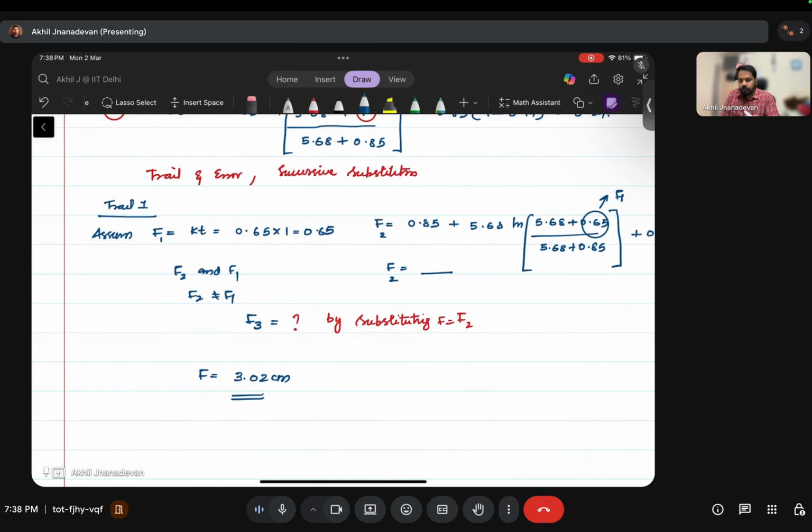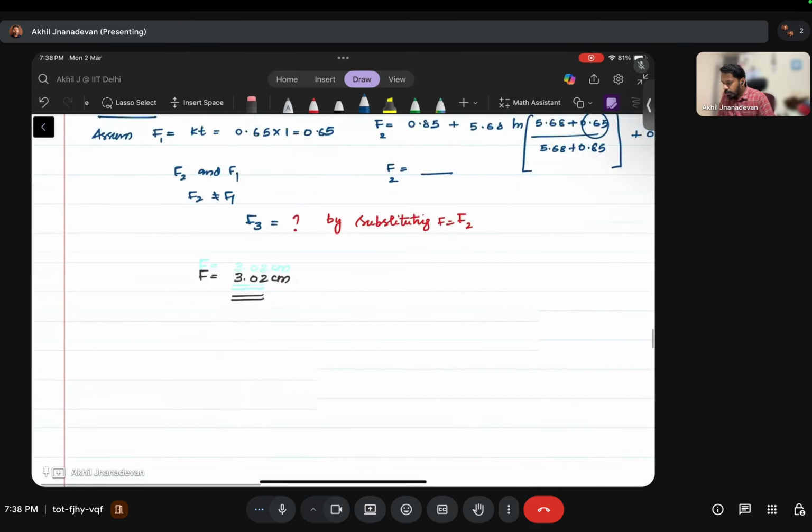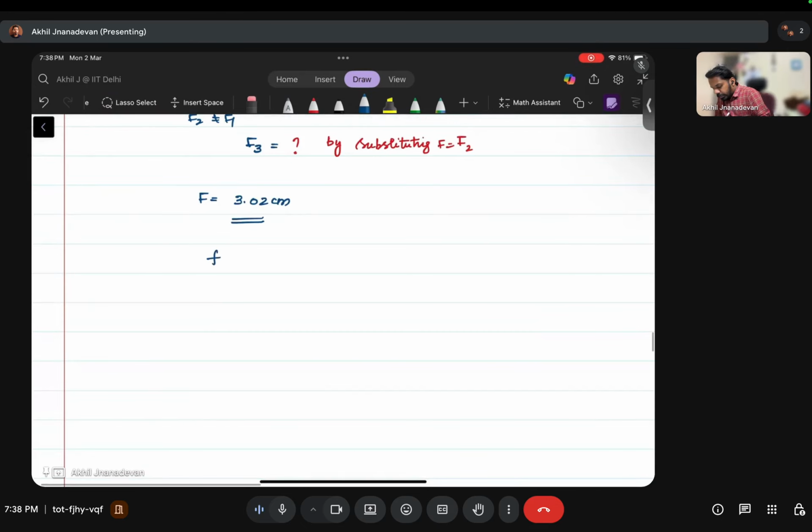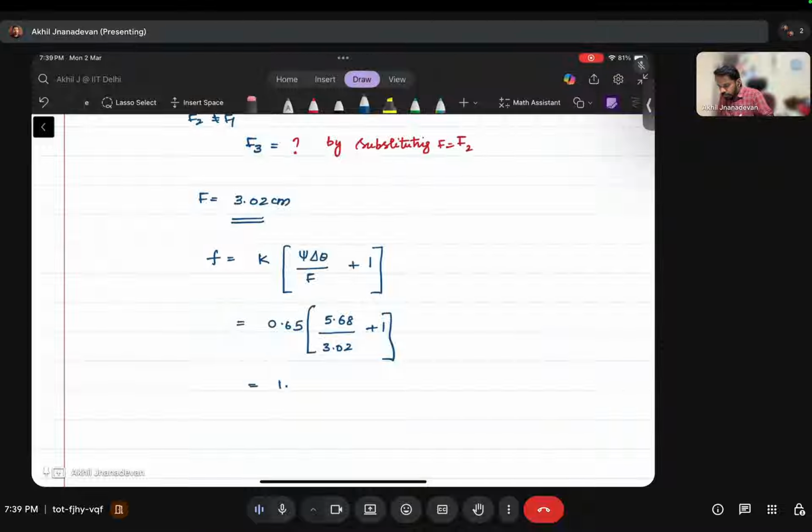Okay. Then, now that we have the capital F, we can find the small f for the Green-Ampt equation, which is given by this formula: small f is equal to K times (psi delta theta divided by F, plus 1), that is 0.65 times (5.68 divided by 3.02, plus 1), which is equal to 1.87 centimeter per hour.